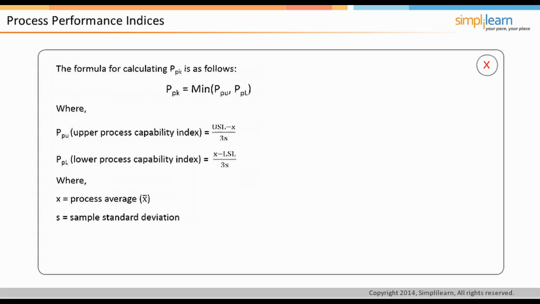PPU, or Upper Process Capability Index, is given by the formula USL minus X divided by 3S. PPL, or Lower Process Capability Index, is given by X minus LSL divided by 3S. Here X is process average, better known as X bar, and S is sample standard deviation.